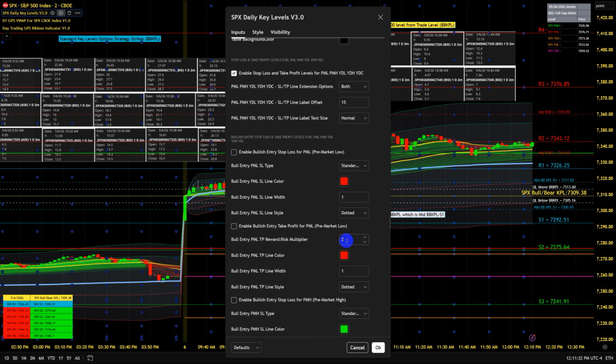The risk is defined as the amount of space between the level that you're basing the trade on and the stop loss, and the reward is going to be 2 times that amount, whether you're using the standard or the tight stop loss. You can set the multiplier at a lower value than 2 in 0.25 increments, going all the way down to 0.25, or you can go above in 0.25 increments all the way up to 30.